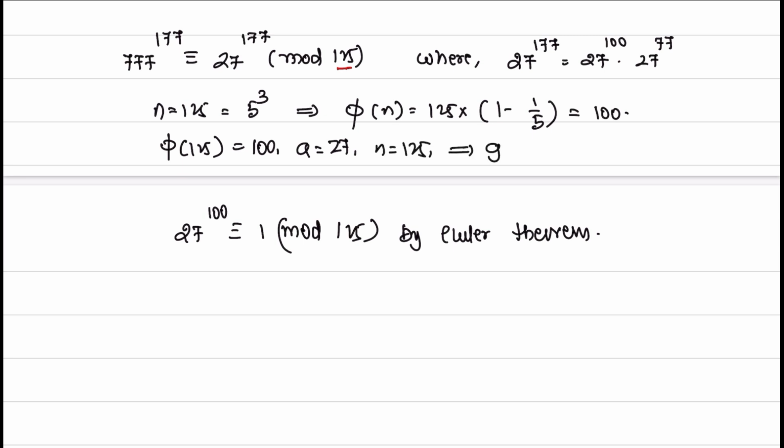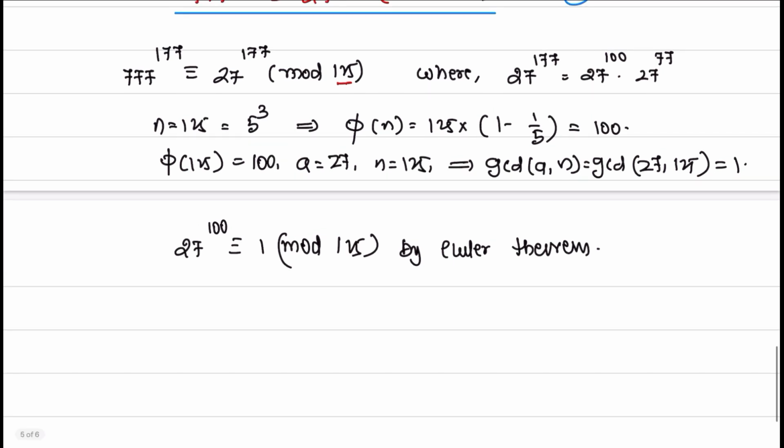This implies GCD of A and N is equal to GCD of 27 and 125, that is equal to 1. And when GCD of A and N is equal to 1, they are prime. When A and N are prime, A to the power of phi n is equivalent to 1 modulo n.